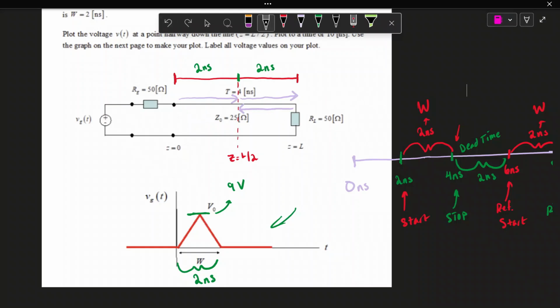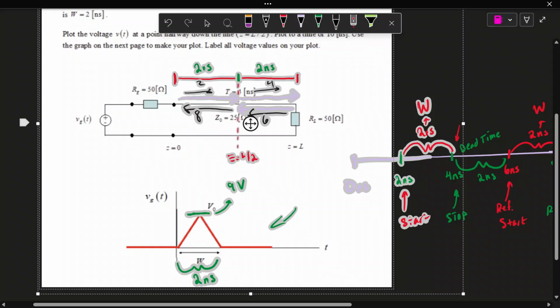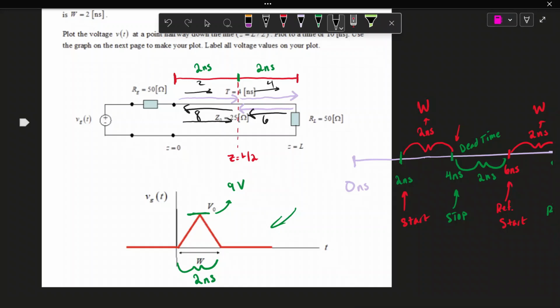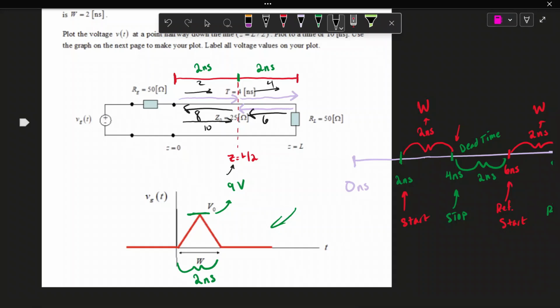Oh, I'm dumb, sorry. 2, 4, 6, 8. Then we go back 2 nanoseconds again because it gets reflected. This is the re-reflected. This is 10. So technically, this middle line, z equal to L over 2, will not get the chance to read any more signals after or at 10 nanoseconds. So we do not include this last time.